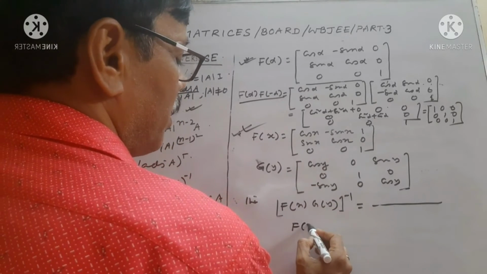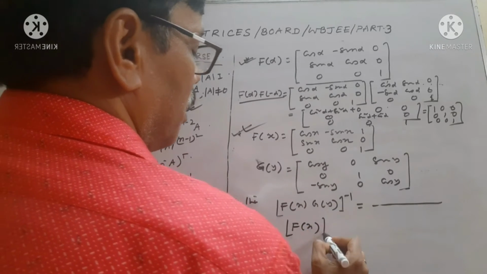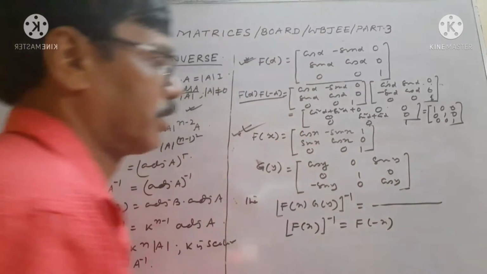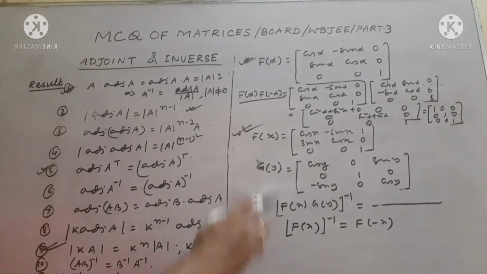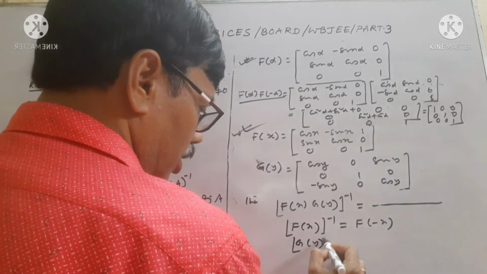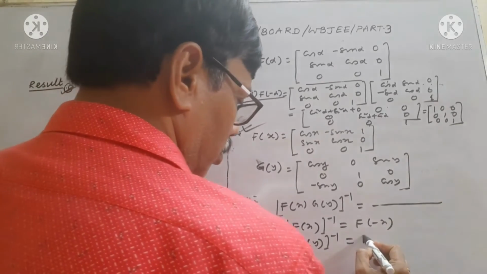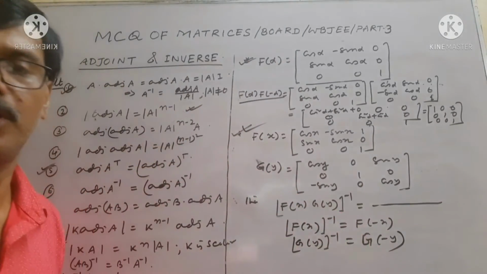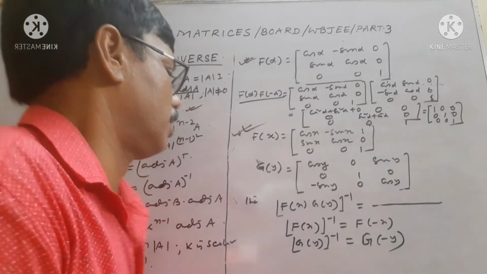So what is F of x to the power minus 1? This is the inverse, F of minus x. Similarly, if we calculate the inverse of G of y, we get G of y whole to the power minus 1 equals G of minus y. So this is our result.